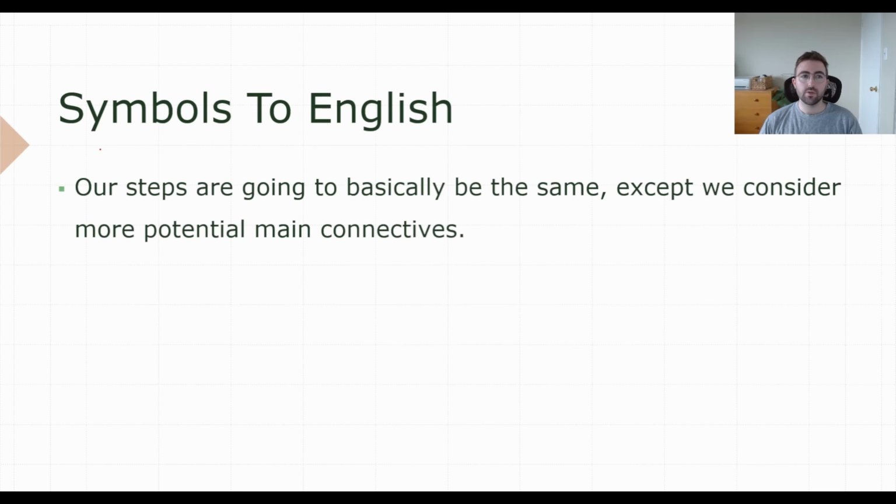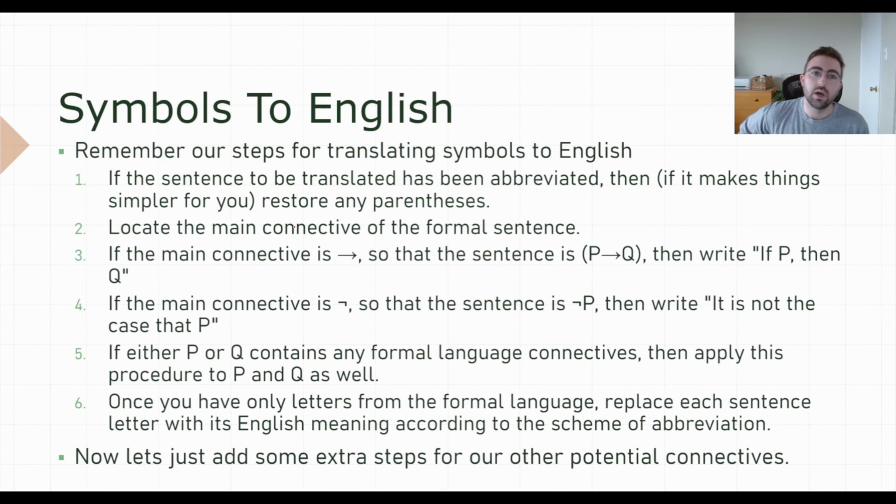Okay, so first let's start with going from symbols to English. So the steps again are going to be the same, just we're going to consider more potential main connectives. You'll remember our steps for translating symbols to English: you look at the symbols, the expression that's written in the symbolic language we use.